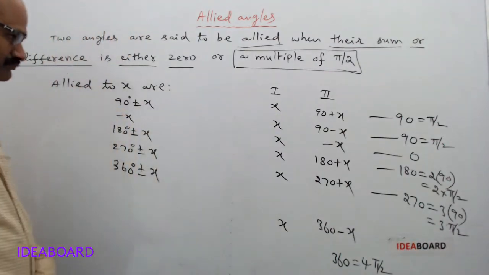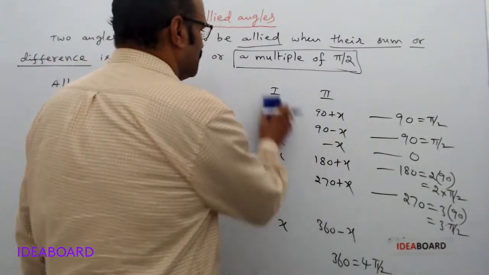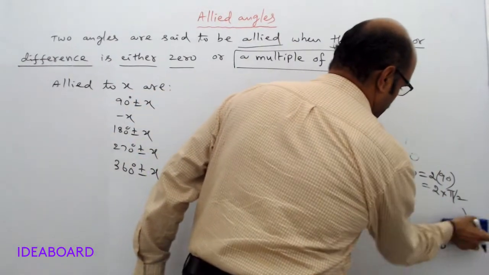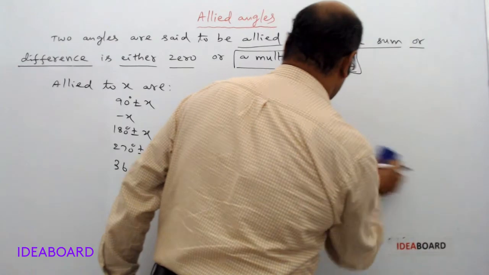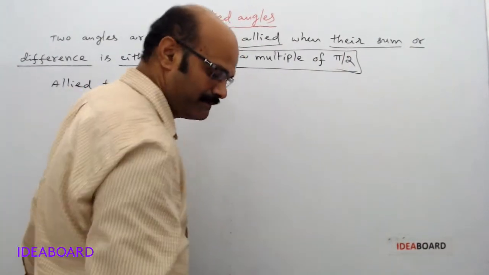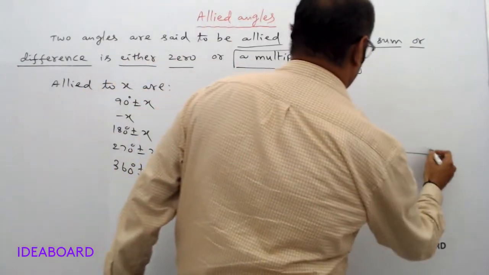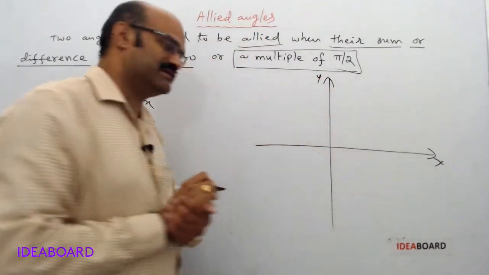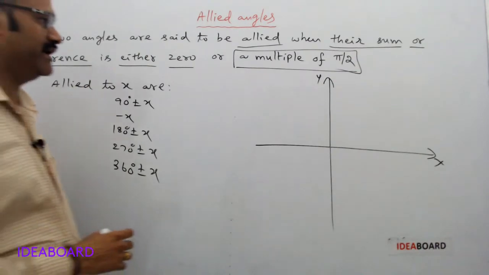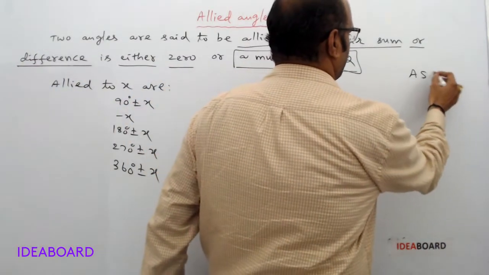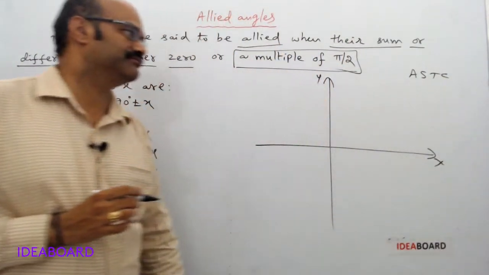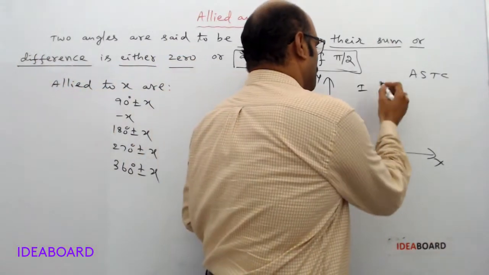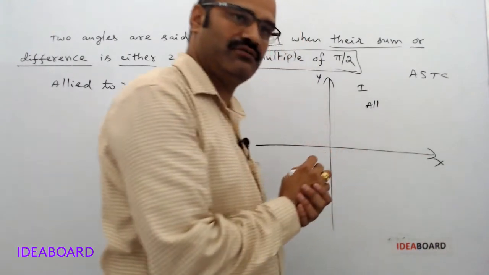Now, in the previous class, we came to know that in the first quadrant, here we have the x-axis and here we have the y-axis. We know the rule ASTC. In the first quadrant, all t ratios are positive.